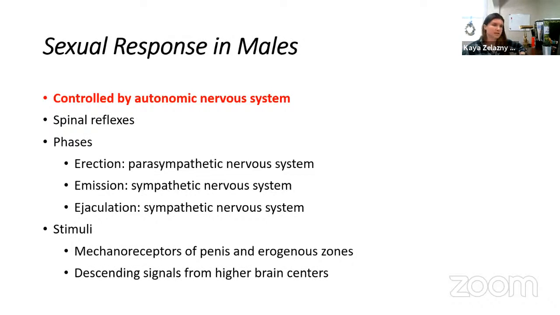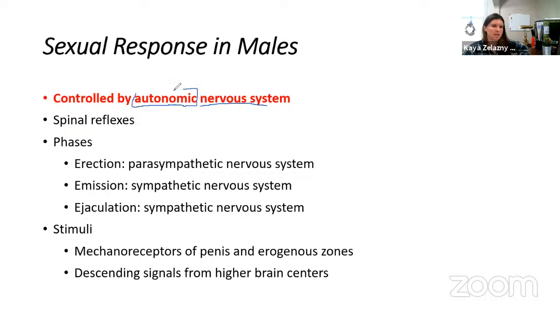So that leads us to the process that leads up to ejaculation, so the sexual response in males. Rather than being controlled by testosterone, by the hormones we've been talking about for developing sperm, the actual sexual response during intercourse, during copulation, is controlled by the nervous system. So it's specifically controlled by the autonomic nervous system.